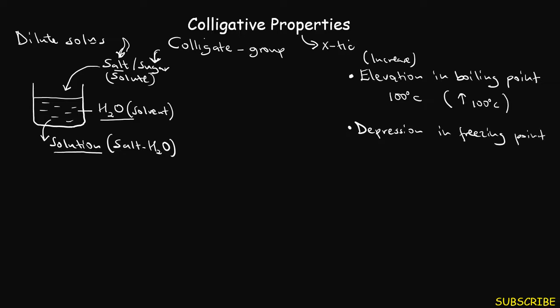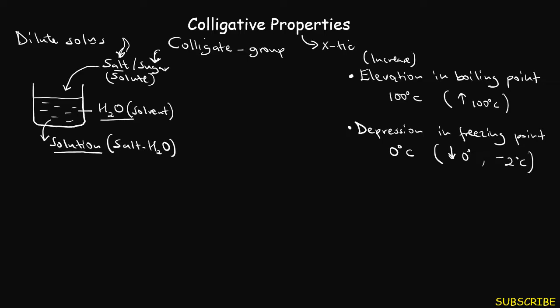We shall still stick to our water. It freezes at 0 degrees Celsius, but when you have salty water, you realize that it will freeze at a temperature less than 0 degrees. This could be maybe negative 2 degrees Celsius.